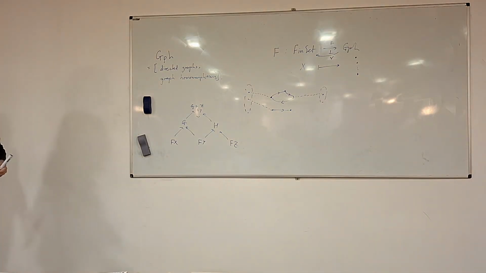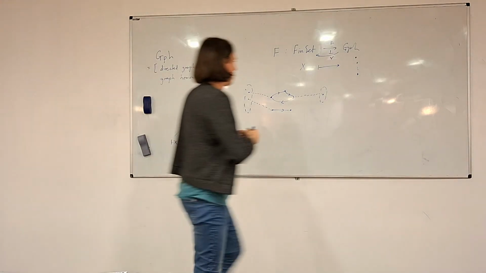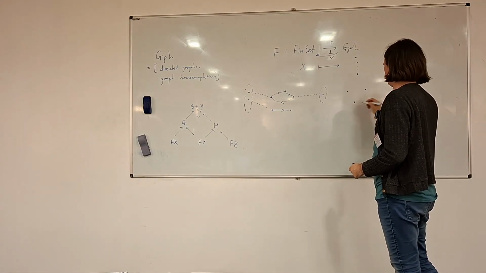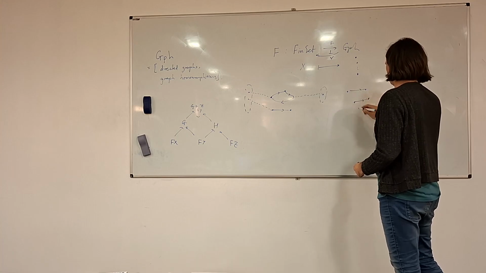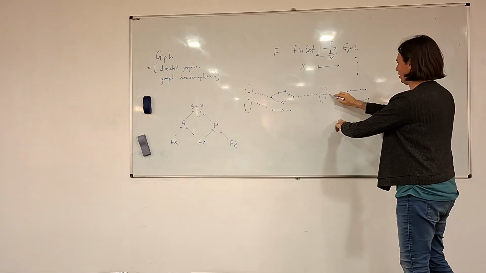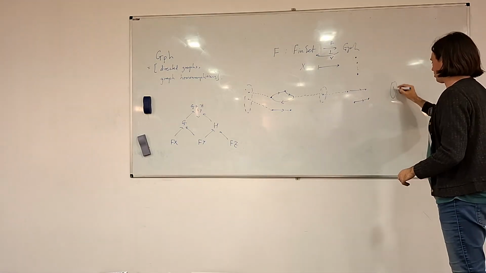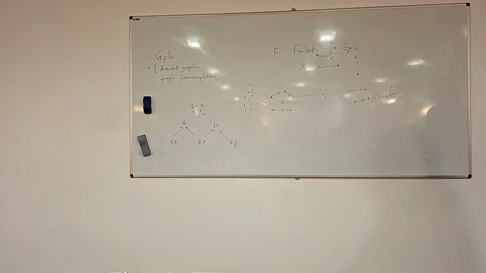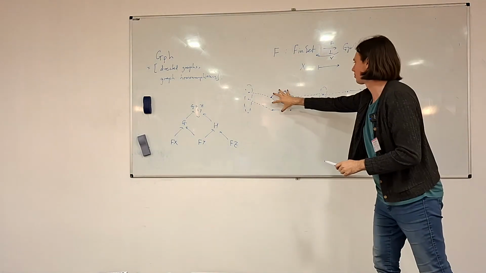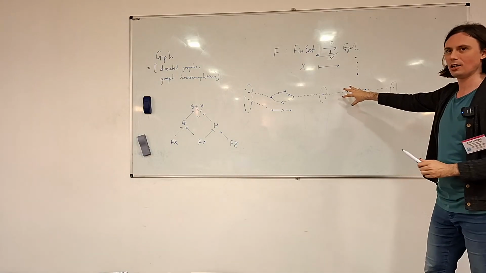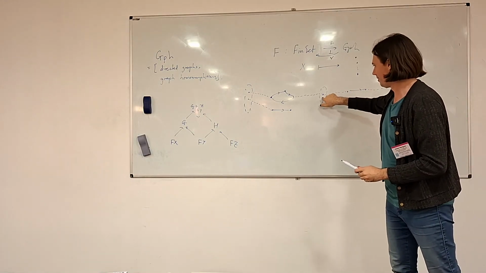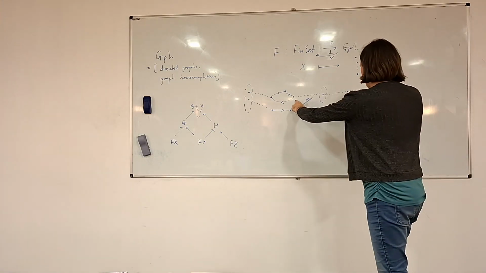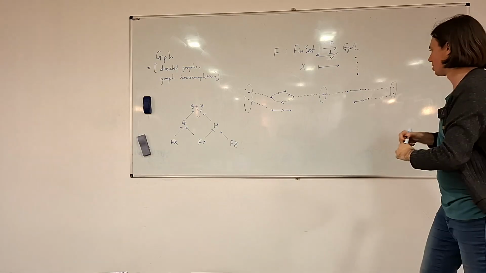So this is gluing graphs together. Let's say I have this, and then I have some other graph like this. Here's my left boundary, here's my right boundary. And now I take the push-out. So I'm taking the push-out of this graph and this graph along the embedding of this into this and this into this. And what it ends up doing is identifying these two vertices with each other.